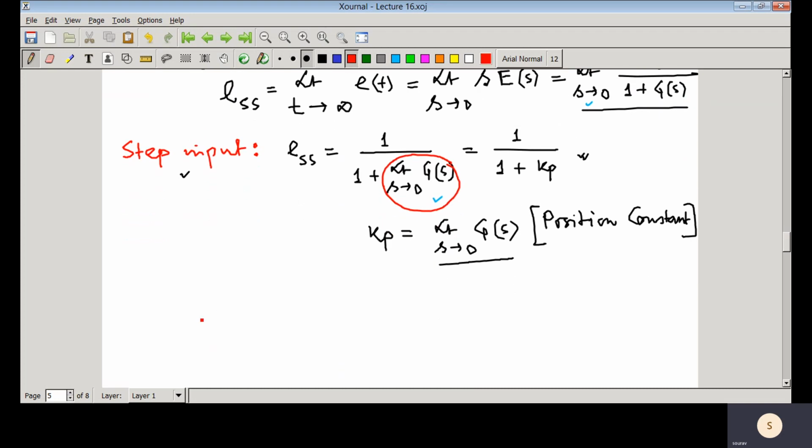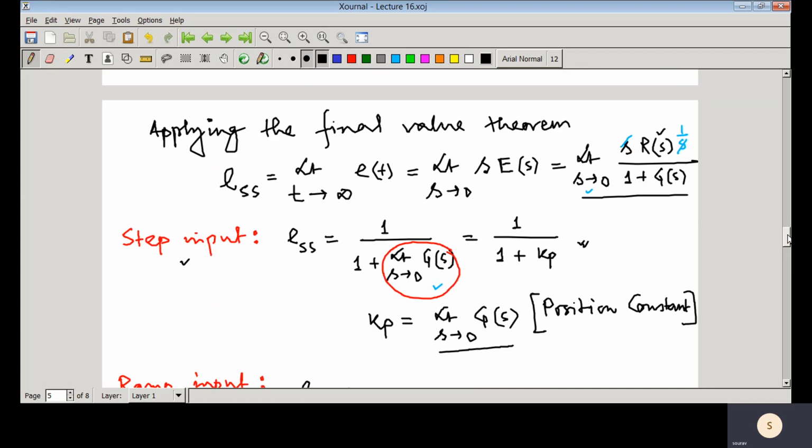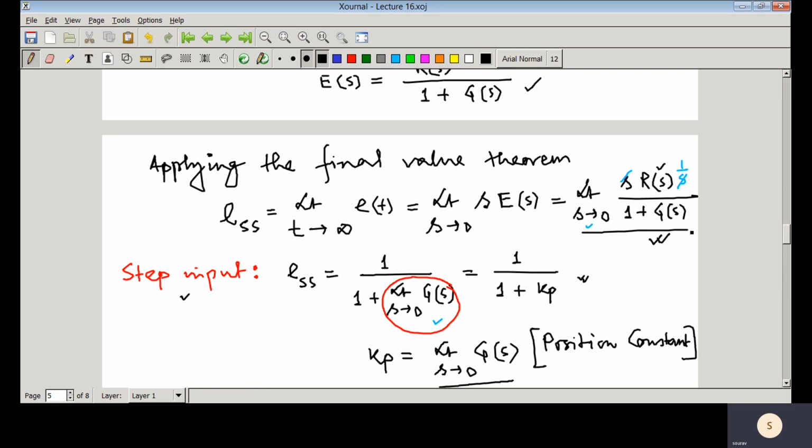So now we'll see what happens whenever we apply ramp input. If we apply ramp input, then you can see the steady state error, because this expression we have already derived, this is the general expression for a unity feedback control system, that steady state error equal to limit s tends to 0 s R(s) by 1 plus G(s).